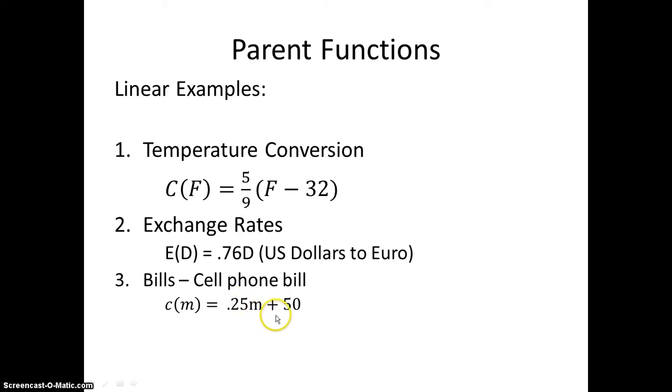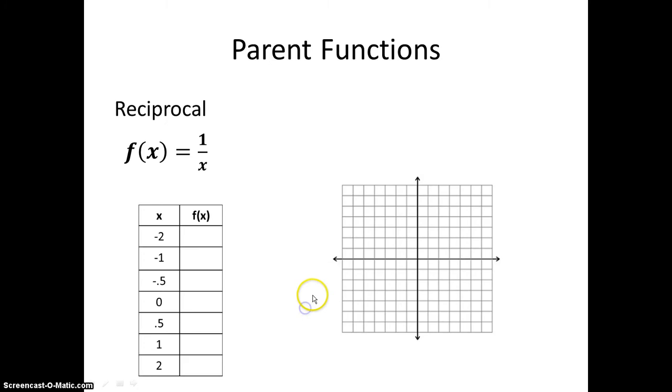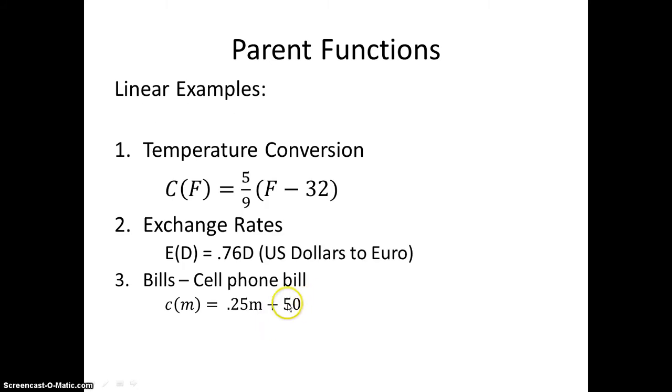This would represent a monthly fee of $50 for, say, your first 500 minutes, and then every minute you go over, you get charged 25 cents. So if you spoke 501 minutes, your bill would be $50.25, and so on.